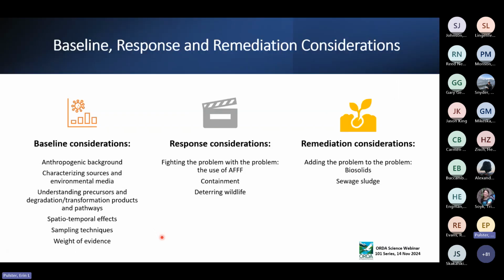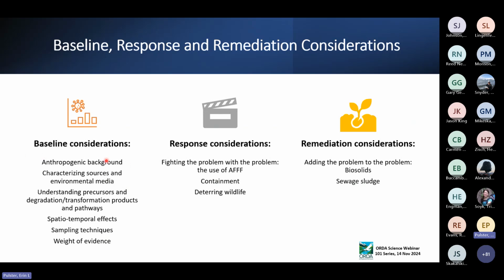In terms of baseline response and remediation considerations, when you're designing a study, if there's a spill near a source or not near a source, one thing to take into consideration is, do you know what the anthropogenic background is? Because these are synthetic compounds, there should not be any natural background levels.